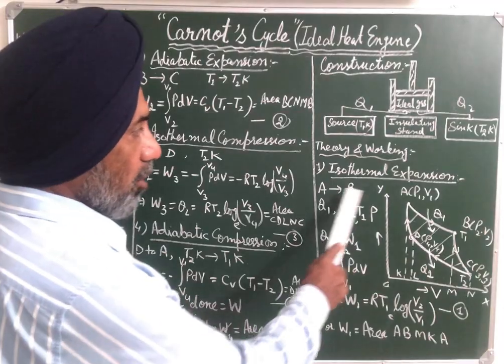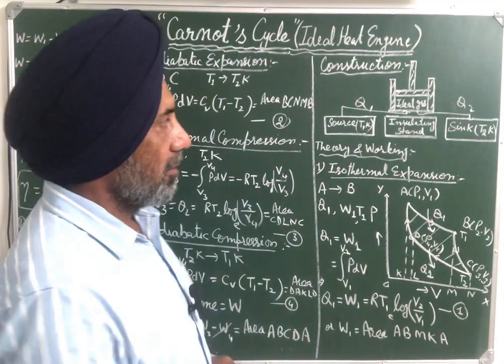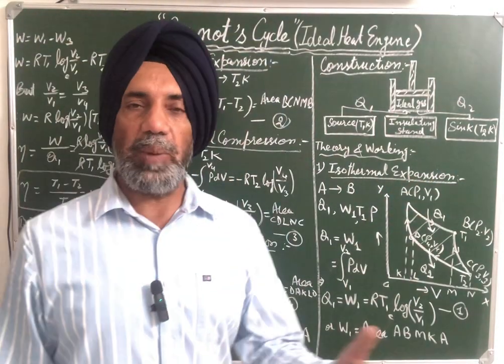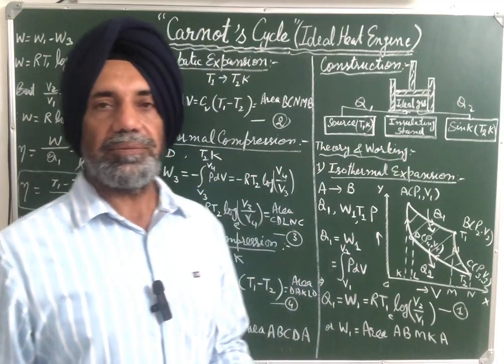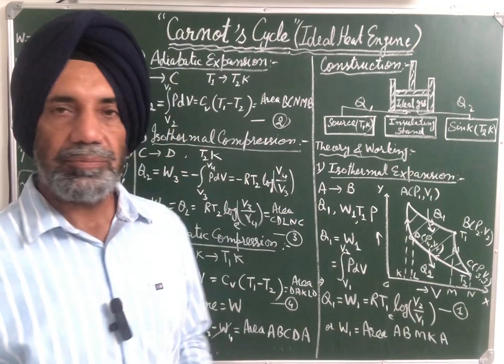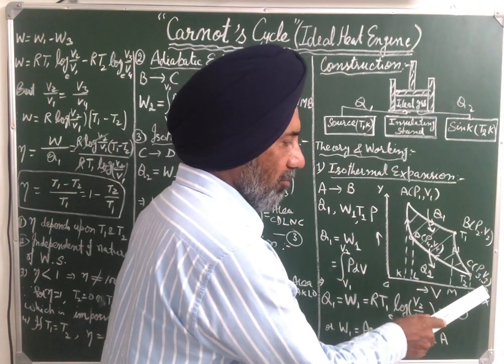Now after this isothermal expansion, the cylinder is placed on the insulating stand so that the bottom becomes non-conducting, and the gas is further allowed to expand from volume V2 to V3, from B to C, from pressure P2 volume V2 to pressure P3 volume V3.